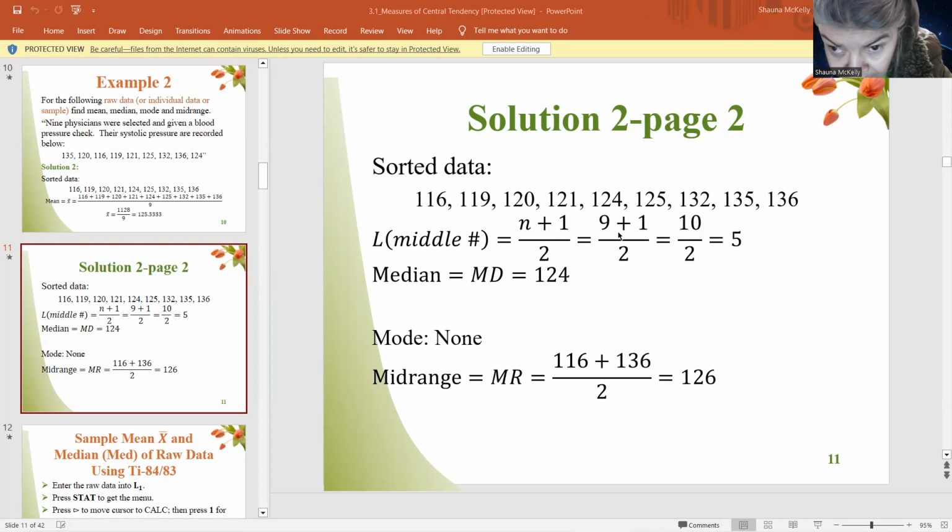So the location of your median is the 5th position in your sorted list. Okay, it's the 5th position. So if that's the case, then we're going to count 5 numbers over, 1, 2, 3, 4, 5, and your median is in this 5th position, 124. Okay, that's where she's getting the median from.